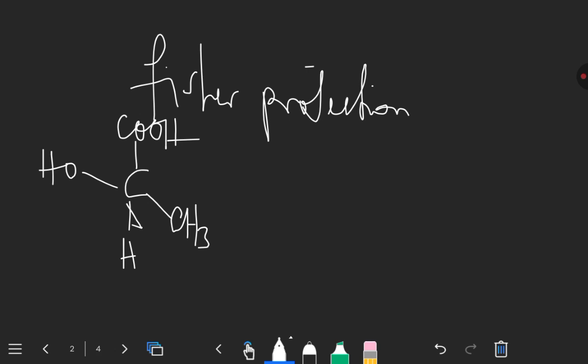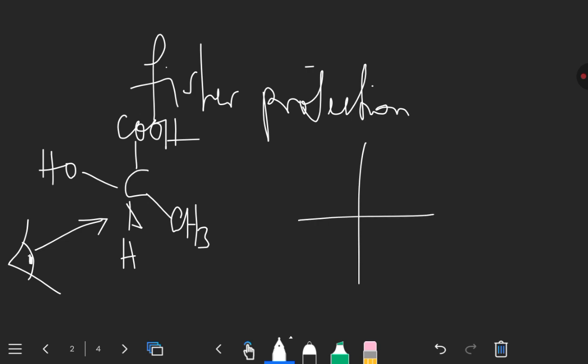For this kind of projection, we must set our eye at a certain angle. So let's say this is where my eye is, meaning that once I'm looking at this compound, these two groups will be in front. When drawing the Fischer projection, we just draw horizontal lines and also vertical lines.